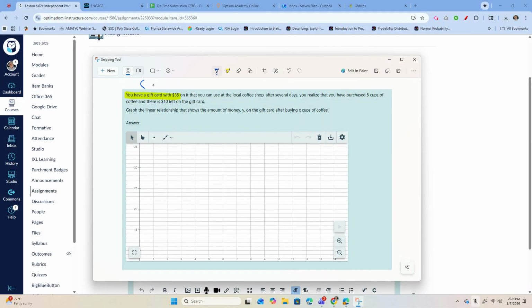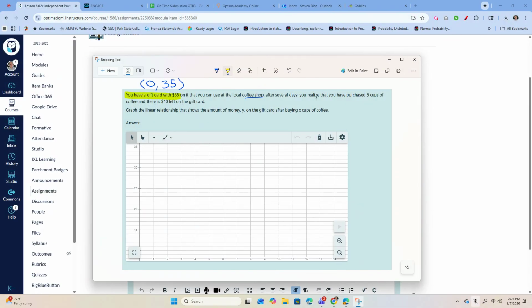When you keep reading the problem, it's talking about a coffee shop, and this is a gift card. They gave you a gift card, and you haven't bought any cups of coffee yet, but you have $35 available in the gift card for this coffee shop.